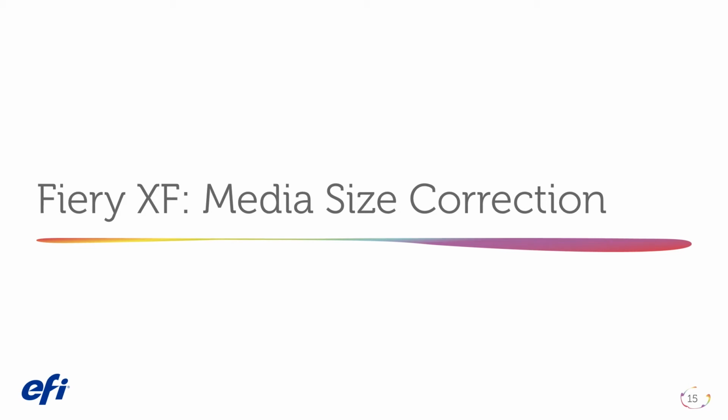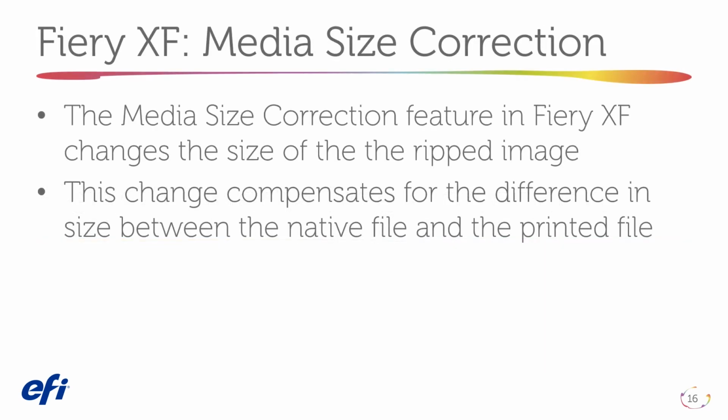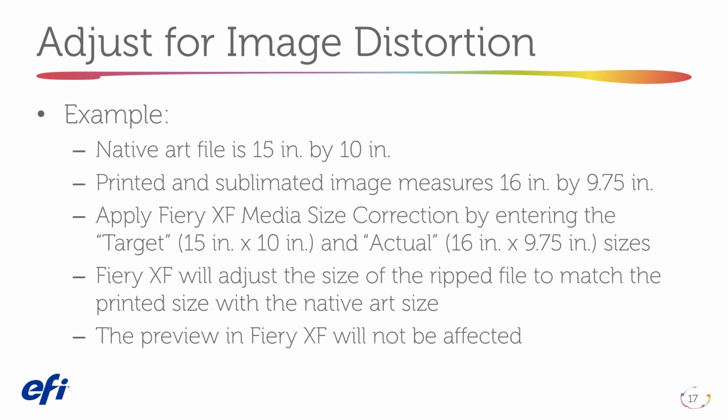FabriVU media size correction. The media size correction feature in FabriVU can be used to change the size of the ripped image. This change automatically compensates for the difference in size between the native file and the measured printed file. In this example, the native file measuring 15 inches by 10 inches prints and sublimates at a measured 16 inches by 9.75 inches.